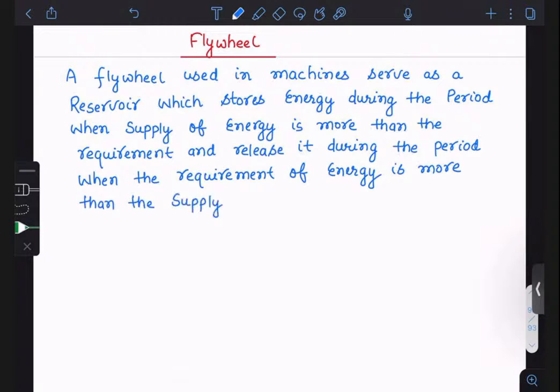More than the supply. Flywheel. Right, that is a very important line.